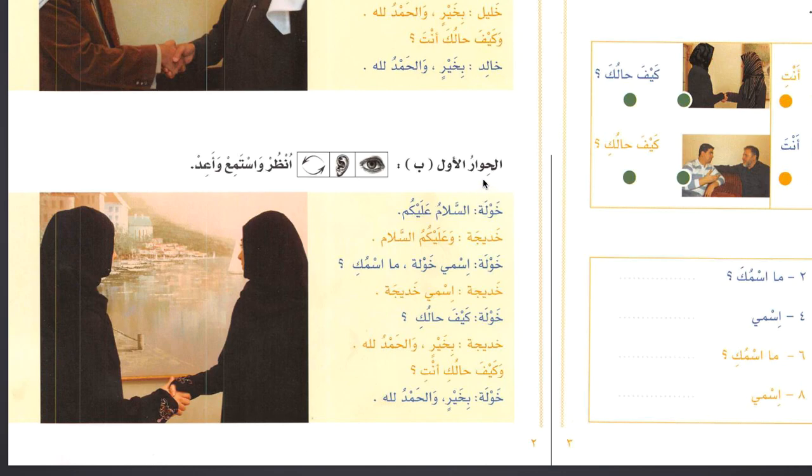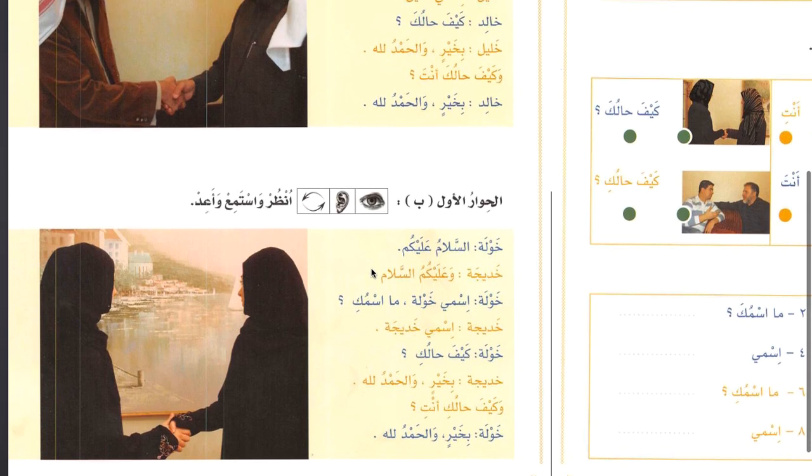So let's see. This is the conversation between Khawlah and Khadijah. Khawlah will say Assalamu alaikum. It is the same as the previous one. Wa alaikum assalam. Then Khawlah will say Ismi Khawlah. My name is Khawlah. Masmuki? This is the difference.